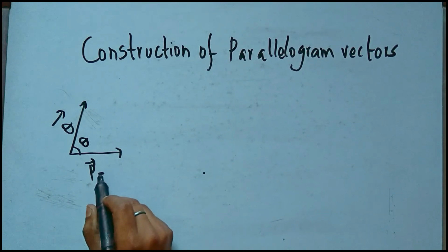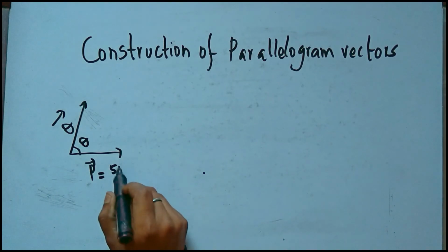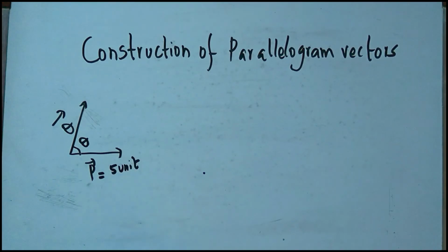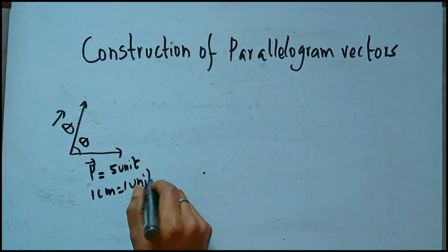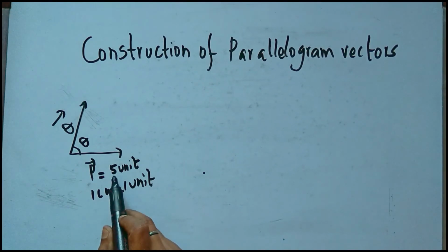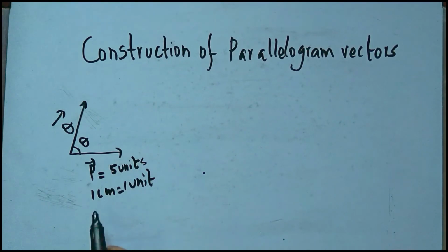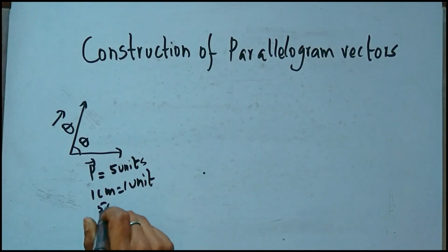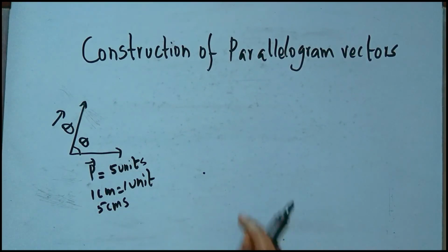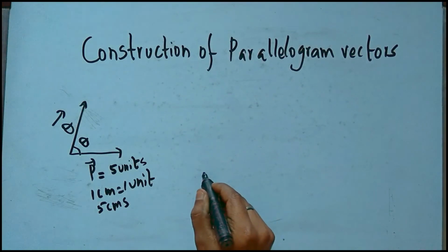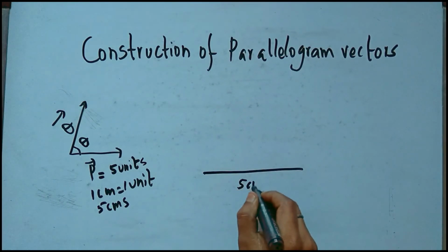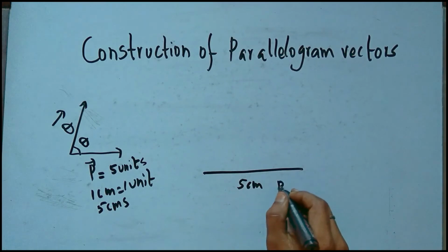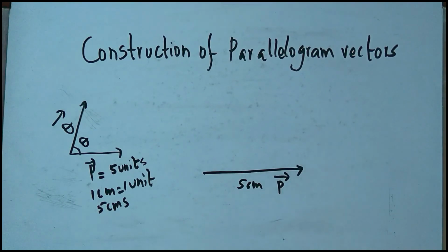If this vector magnitude is 5 unit, if we take 1 centimeter equal to 1 unit, then to represent 5 units we need 5 centimeters. So we draw a 5 centimeter line segment here. This is P vector.